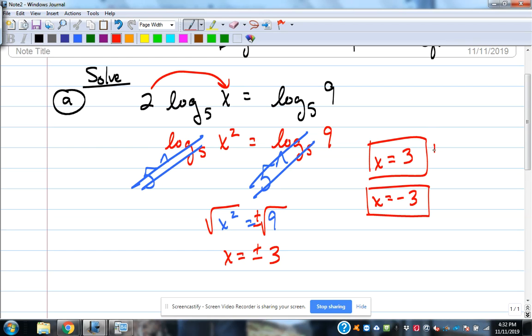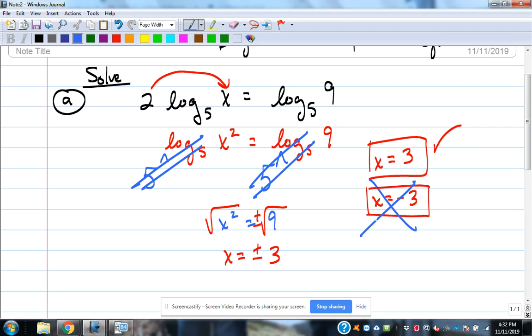So we're keeping that one. But if I plug in negative 3, I end up taking the log base 5 of negative 3, which is not possible. So we throw that out. That's what's called an extraneous solution. So you just X it out. 3 is the only solution to that problem.